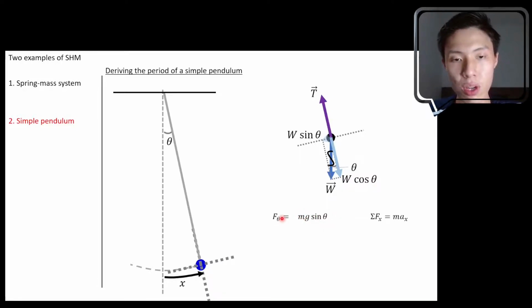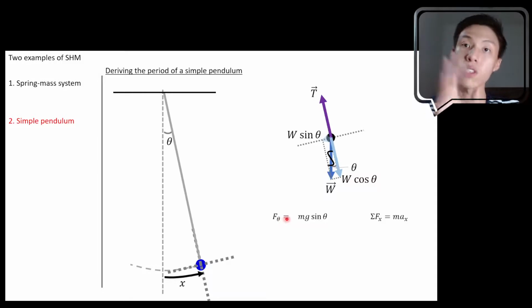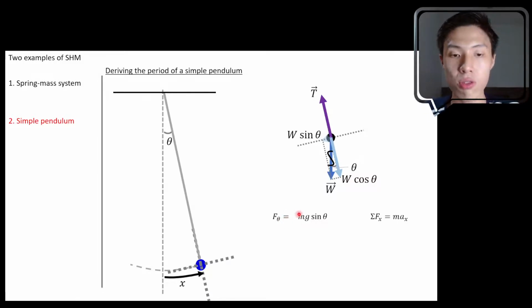But because you are interested in the component as well, you need to know the direction as well. Therefore, you need to take care of the sign. So let's think how we should treat the sign over here. Well, our x is pointing towards this direction here, so this is a positive direction. But if you look at the force over here, this force is pointing in the opposite direction.